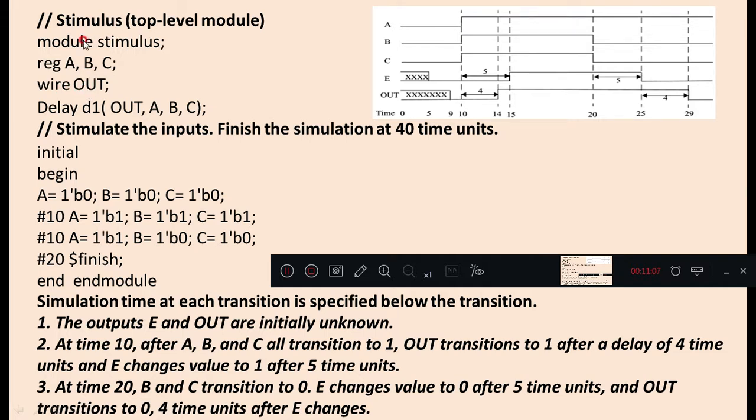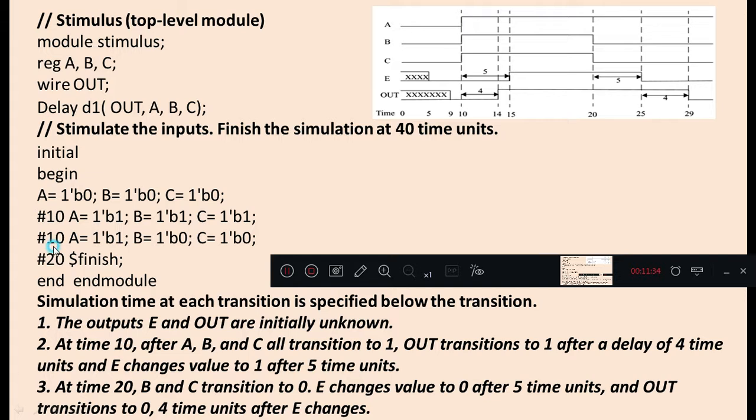This stimulus on its own doesn't contain any port signals, so we have not mentioned any. The module delay, the previous example block, we have called here, that acts as a component for the stimulus block, and these values out, A, B, C we are passing.